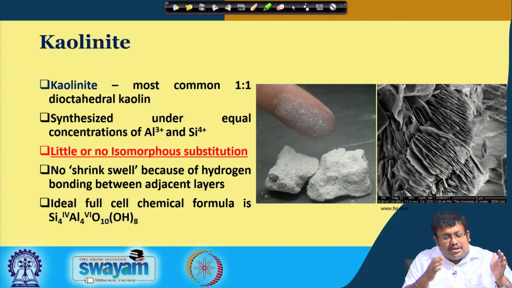The kaolinite is the most common 1:1 dioctahedral kaolin, and it is basically synthesized under equal concentration of aluminum and silica. You know that it has got little or no isomorphous substitution.